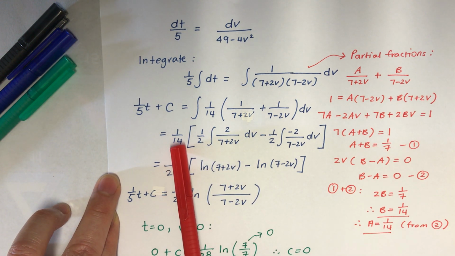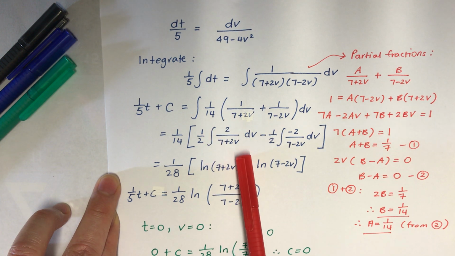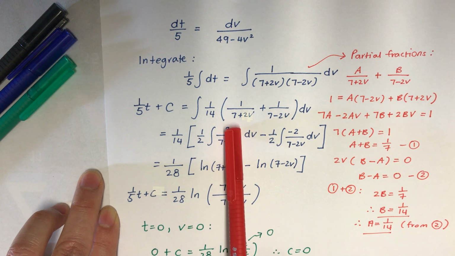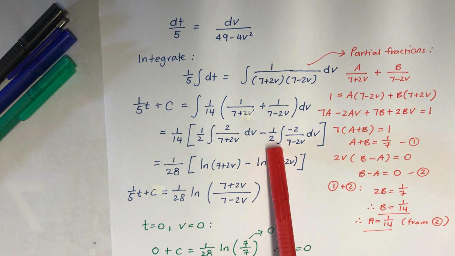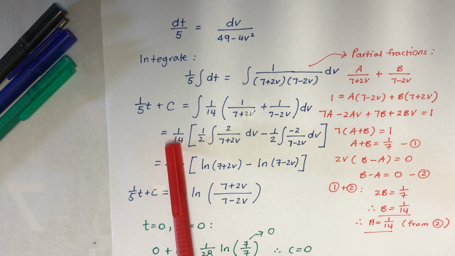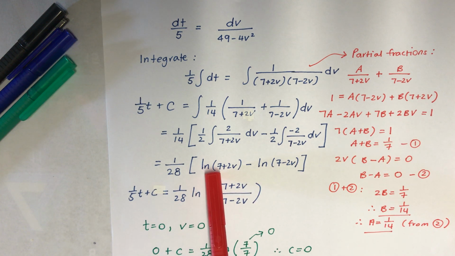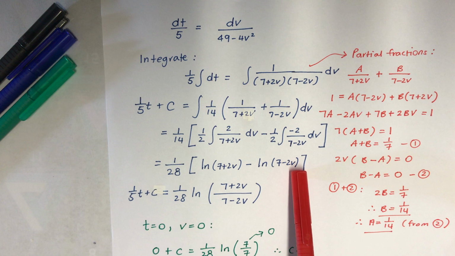So 1 over 14 out, and it's ln obviously, so I need to have the derivative of 2v, which is 2, so I put the half out, and here it is negative 2, so I'm going to take negative half out. So I'm taking the half out, times by 1 over 14, so it'll be 1 over 28, and if I integrate, I will get ln(7 plus 2v) minus ln(7 minus 2v).